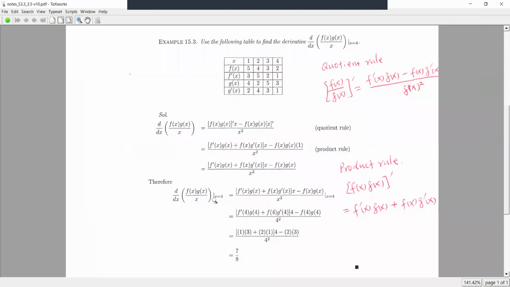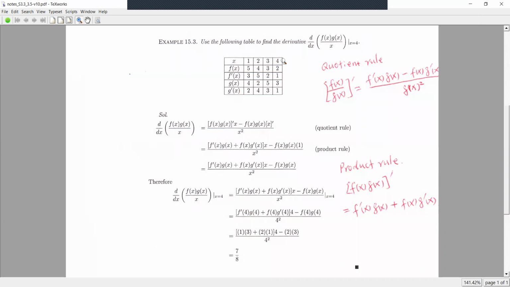Now, plug in the number 4 for x, then we have this equation. Use the given table to determine the function values. For example, f derivative at 4. The third row of the table is for f derivative.